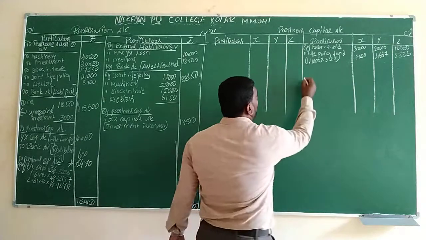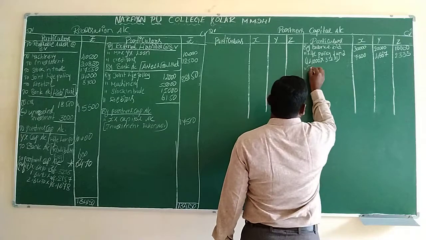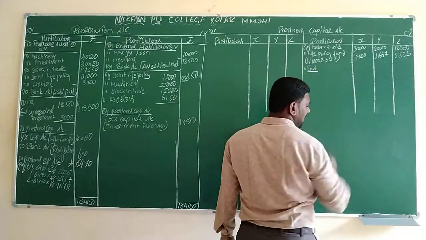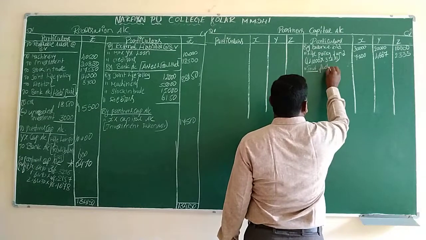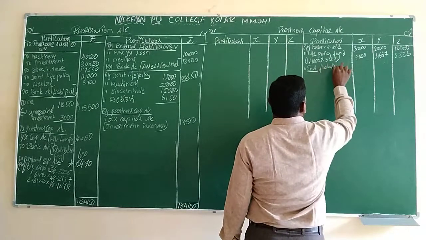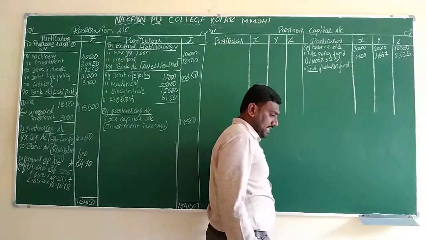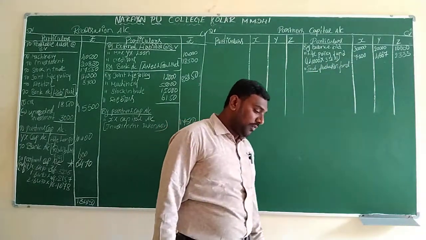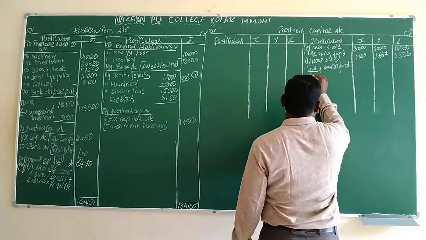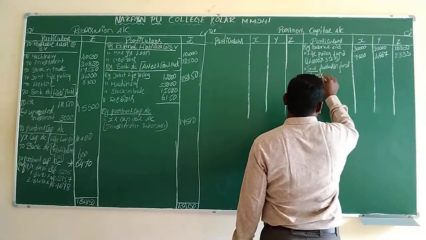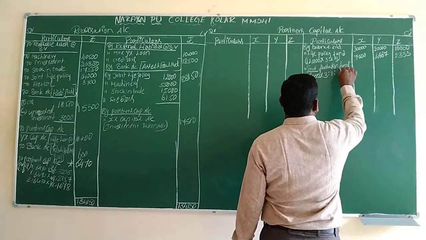Next, after that, one more thing is given in the liability side, investment fluctuation fund. INVT is nothing but investment. So, what is the value of investment fluctuation fund? 6,000 rupees they are given. So, this 6,000 rupees we have to distribute in the ratio of 3:2:1.